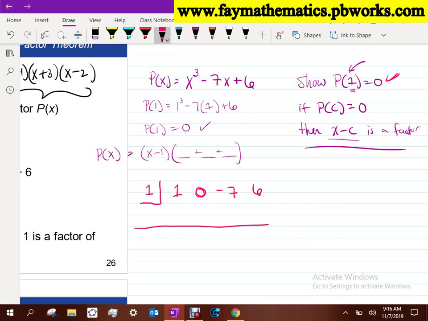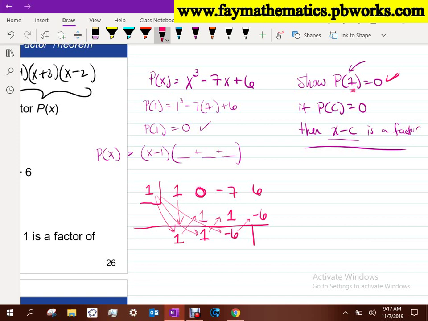And now we're going to do synthetic division. So I bring my 1 down, multiply by what's in the box, put that product right there, add straight down, multiply by what's in the box, put that product right there, add straight down, multiply by what's in the box, put that product right there, add straight down.